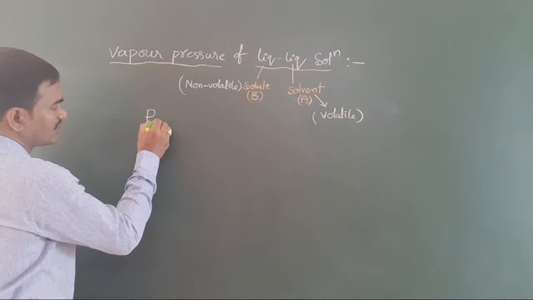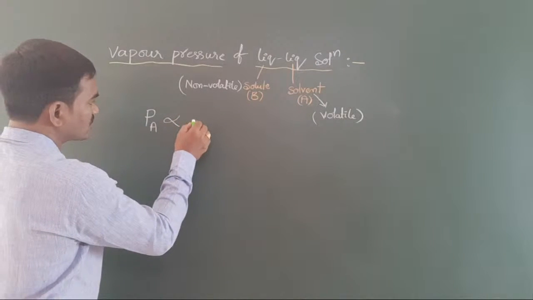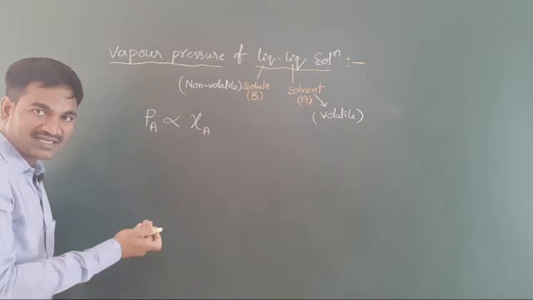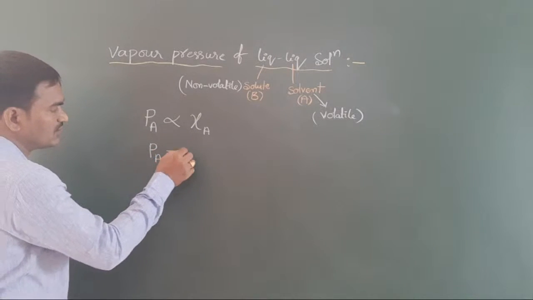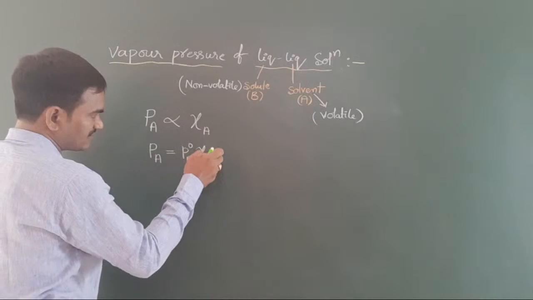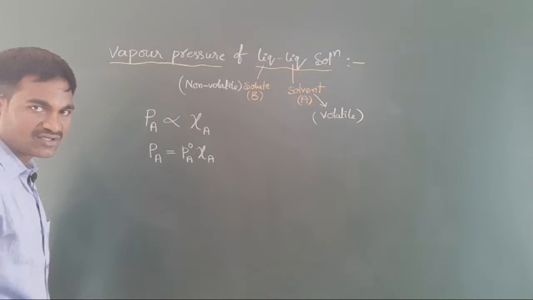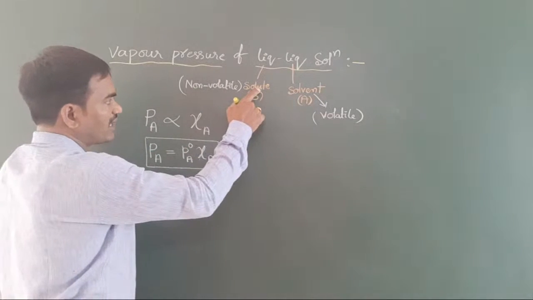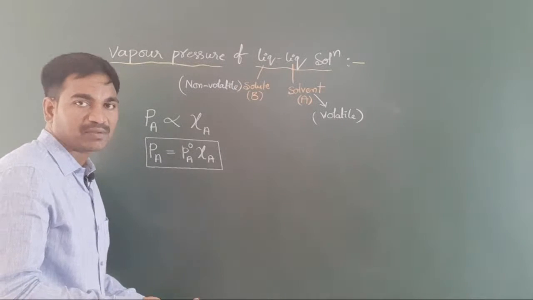Raoult's law: the partial vapor pressure of component A is directly proportional to the mole fraction of A. You know very well, that is Raoult's law. So P_A is equal to P naught A chi A. Yesterday also we discussed this point. But coming to the next one, solute is non-volatile, and for non-volatile there is no vapor pressure.